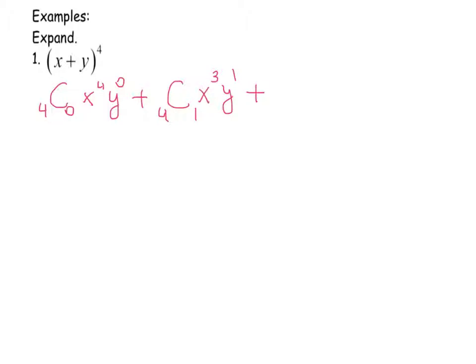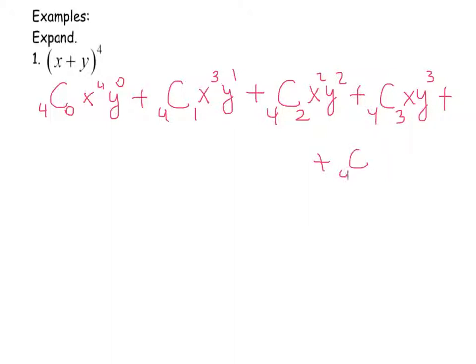The next term is going to be combination 4, 2, x to the second, y to the second. Then we are going to have combination 4, 3, x times y to the third power. And for our last term, we are going to end up having c4, 4, x to the 0 power, and y to the fourth power.